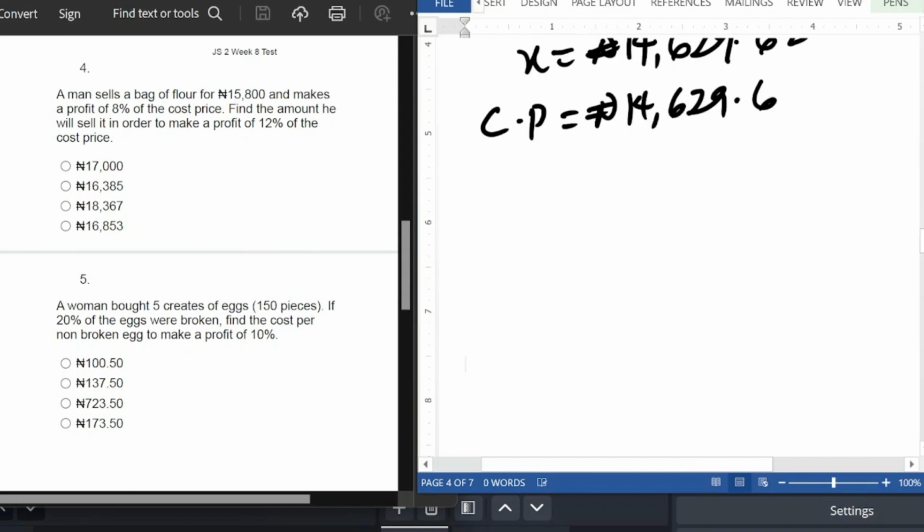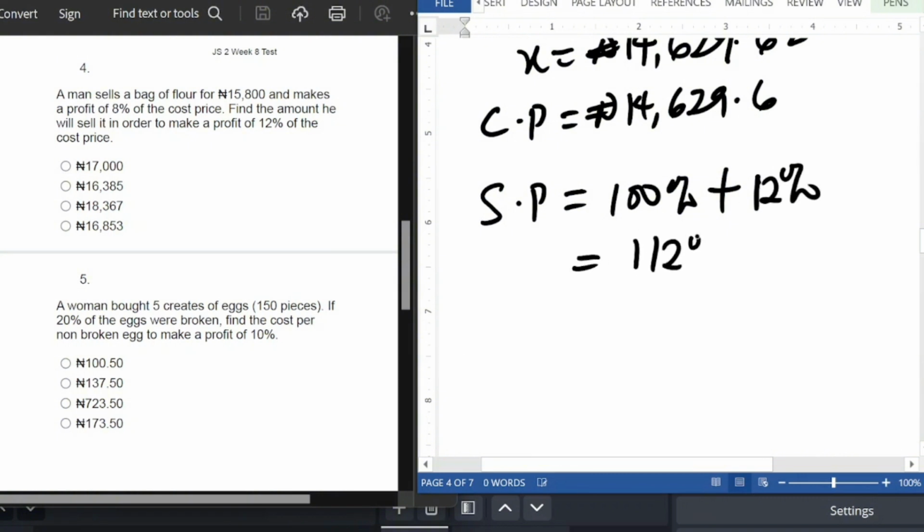Now the next is we want to find the amount we sell it for in order to make a profit of 12%. For the selling price, if you don't know, it is 100% plus the profit, which is 12%. That gives us 112% of the cost price, which is 14,629.6.